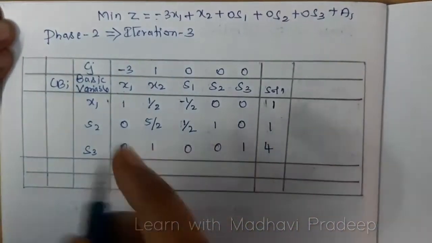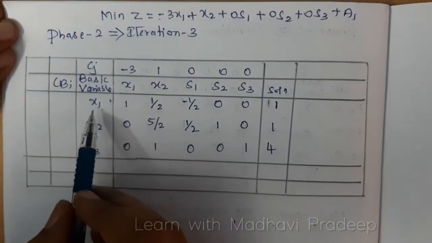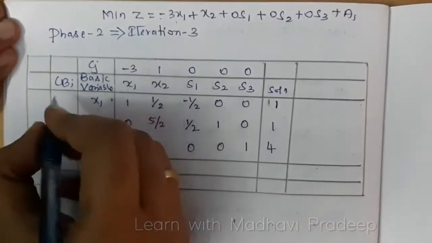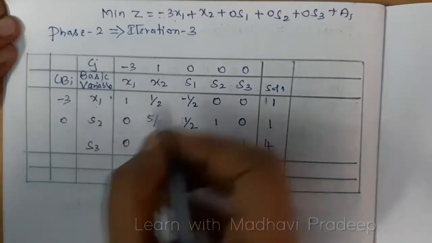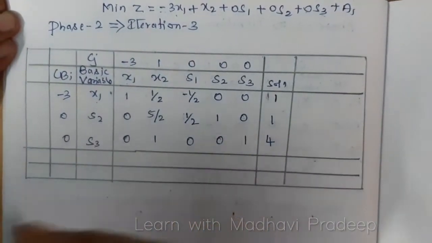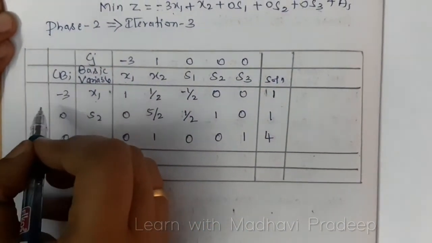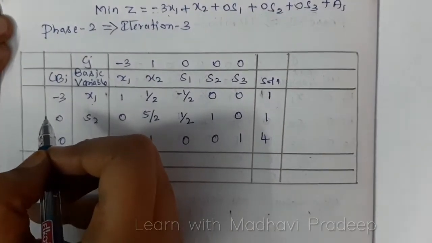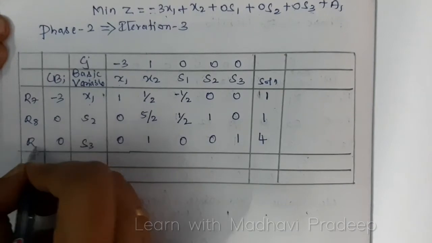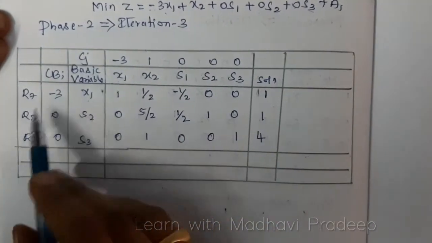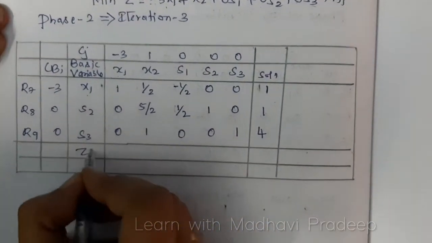We don't have a1. And here towards the column side also the x1 value is minus 3 and s2 value is 0 and s3 value is 0. So write down. Just name this row also. In the previous table we named up to R6. Now continue R7, R8, R9. Name the rows.